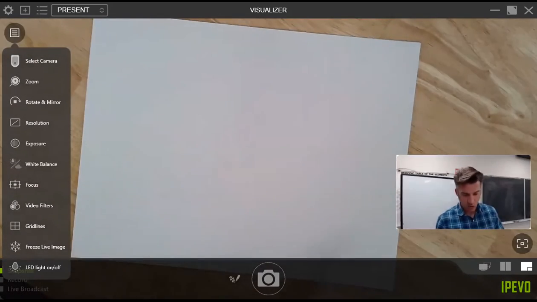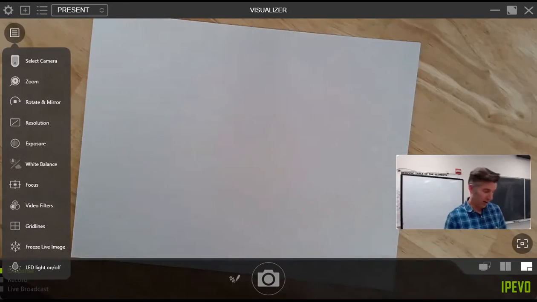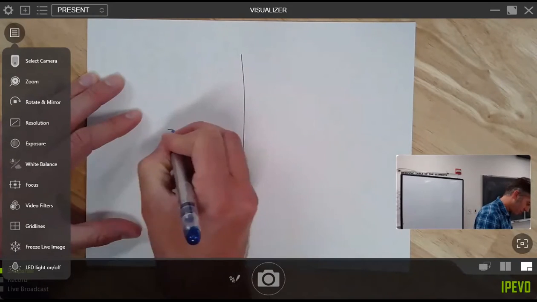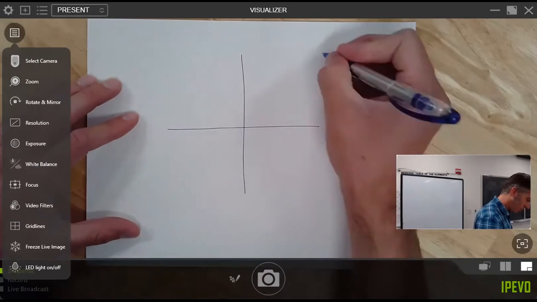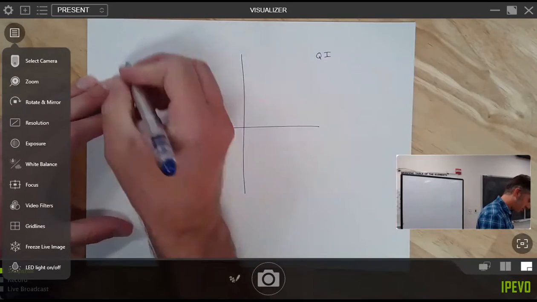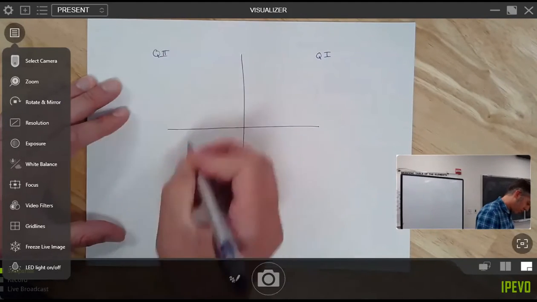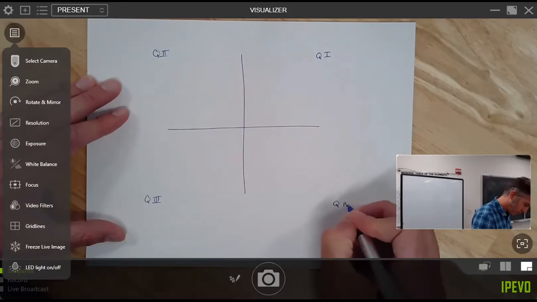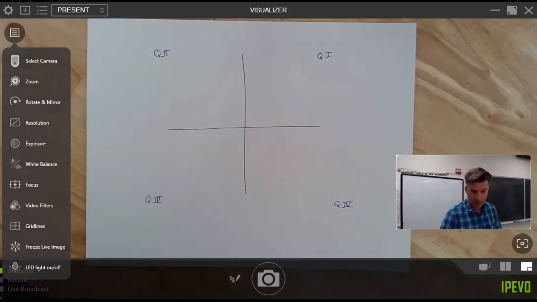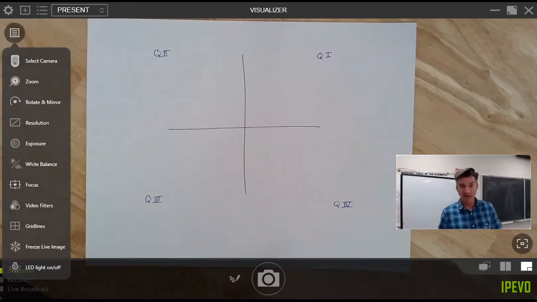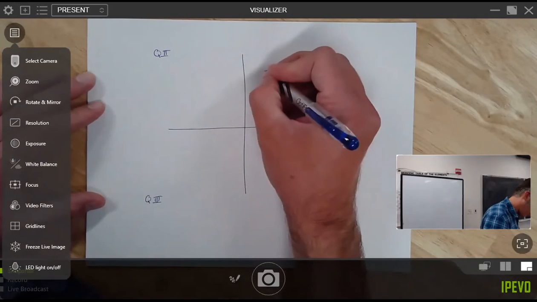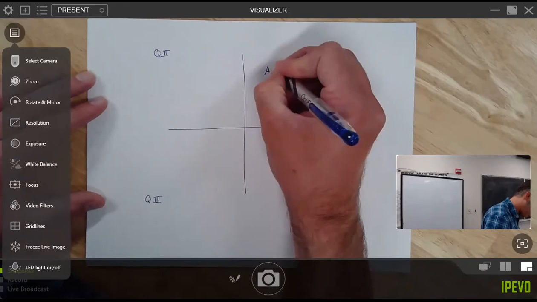There's a lot of things you could write, but there's an easy way to write it all down. So this is quadrant 1 over here, quadrant 2, quadrant 3, and quadrant 4. And in quadrant 1, everything is positive. So all trig functions are positive.